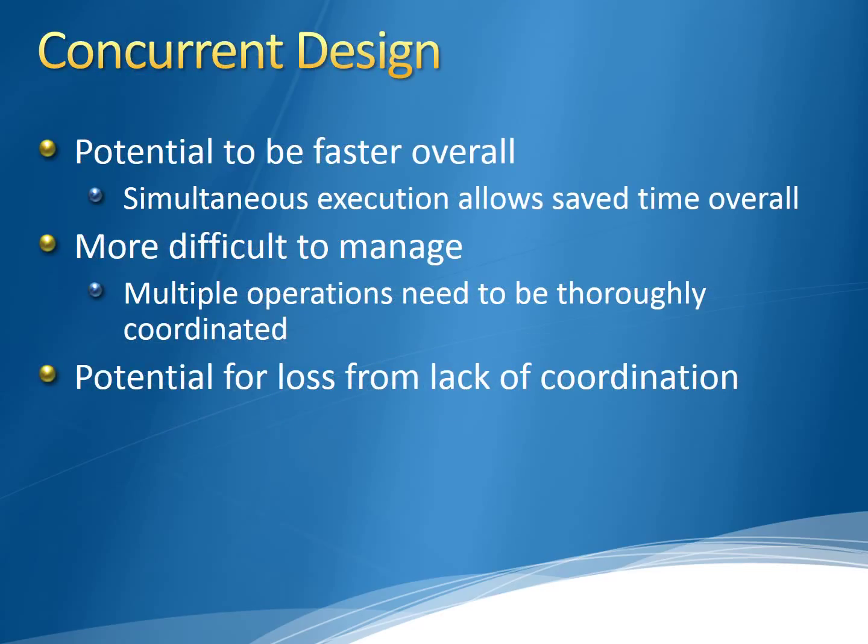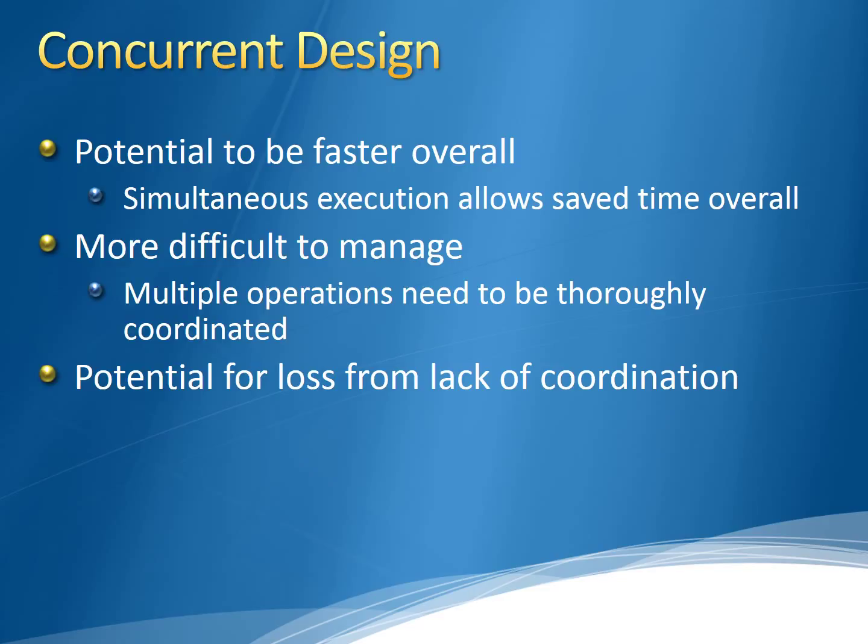So we also want to look at concurrent design. Concurrent design has the potential to be a faster overall process. So essentially what you're doing is instead of taking each operation in sequence, you try and complete as many of them simultaneously as possible. Obviously, this is more difficult to manage, and the different operations have to be very well coordinated so that you have everyone directing their efforts in the same direction towards the same goal.